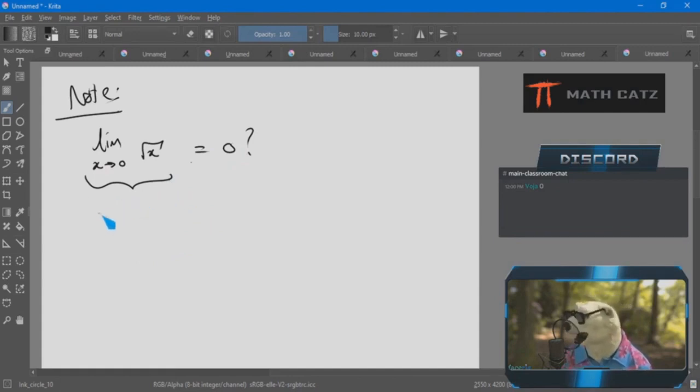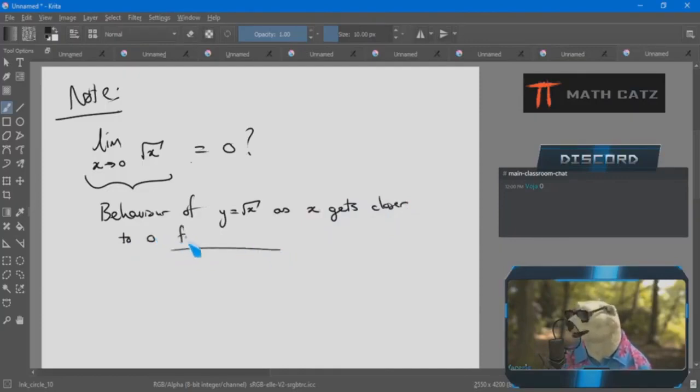This is asking for the behavior, of course, a very simple function, it's in my library, of my square root function as x, I'll write it down, gets closer to 0. I'll say it like this, from anywhere around 0.